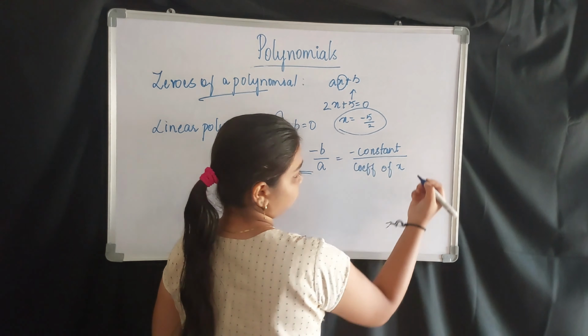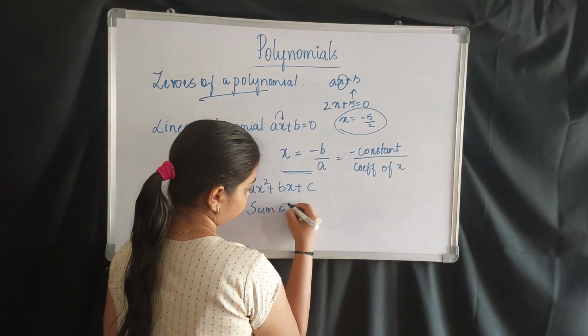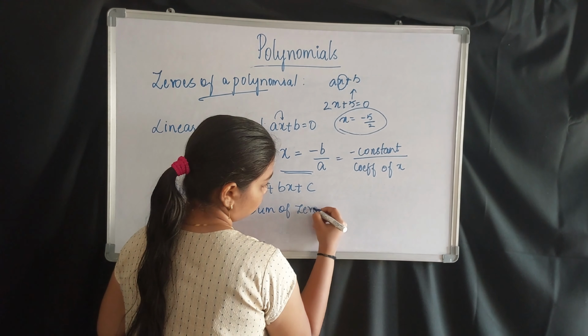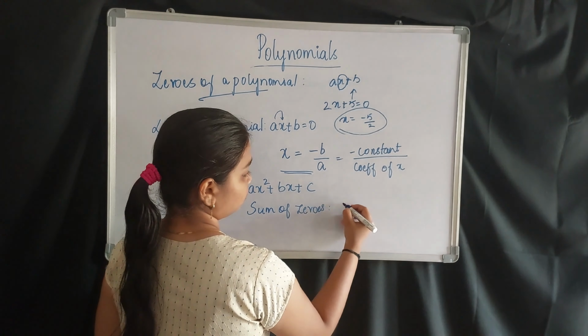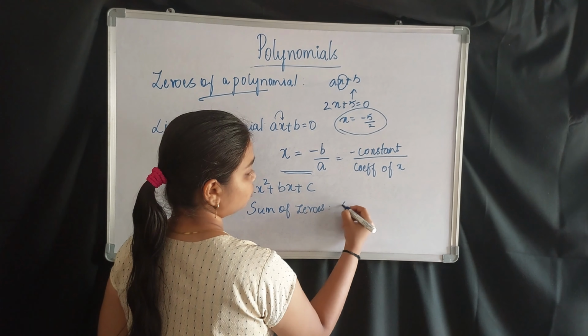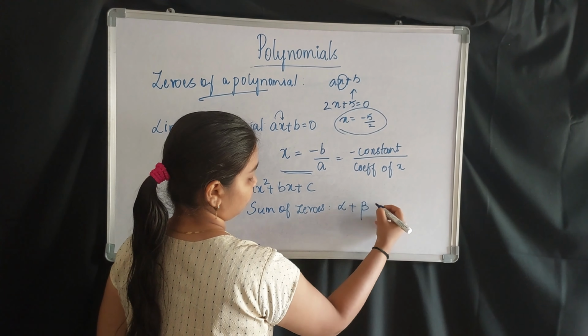Okay, so when I move to quadratic, it is ax square plus bx plus c. There will be two solutions, as I said. So one is called sum of zeros. Let's say that two zeros are alpha and beta.